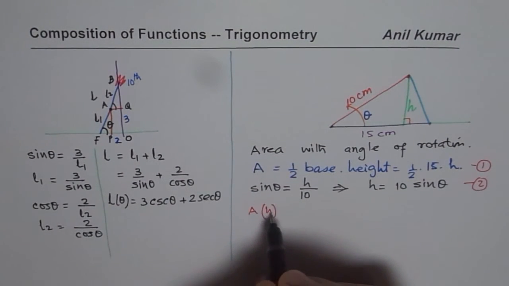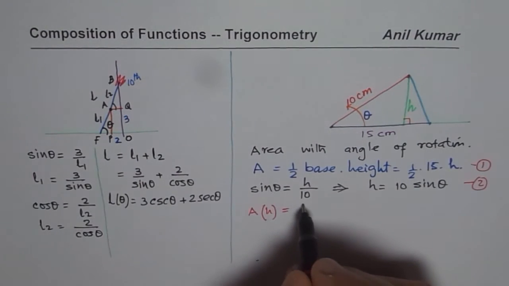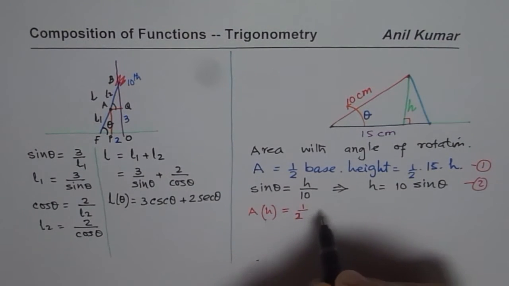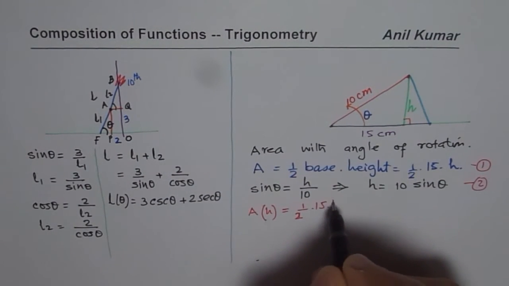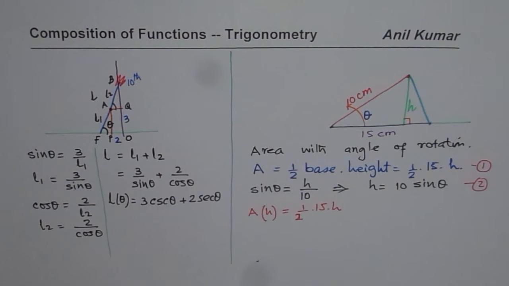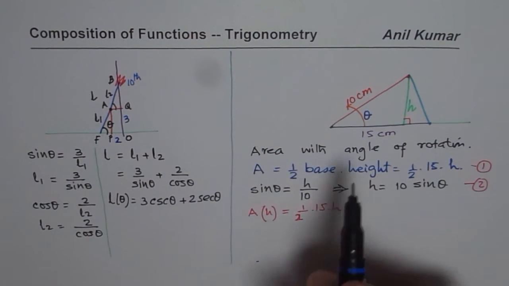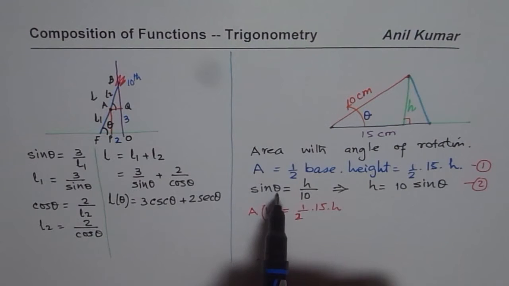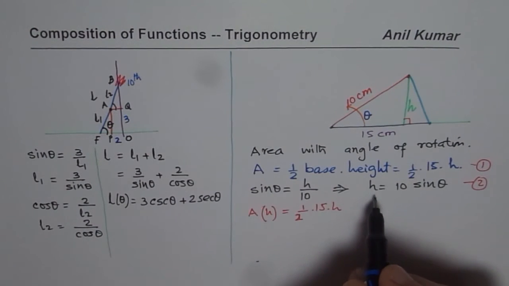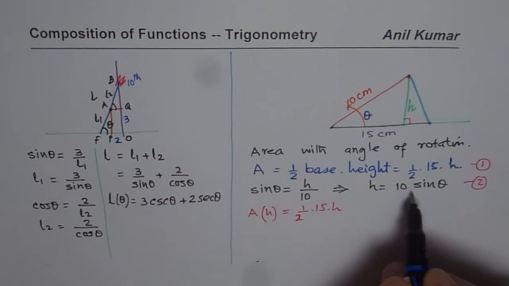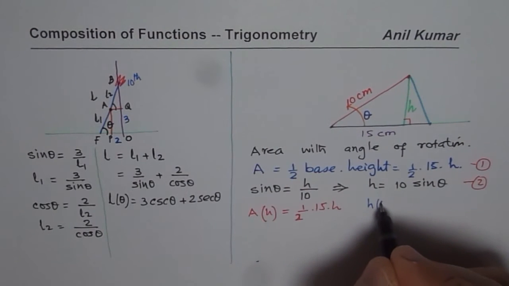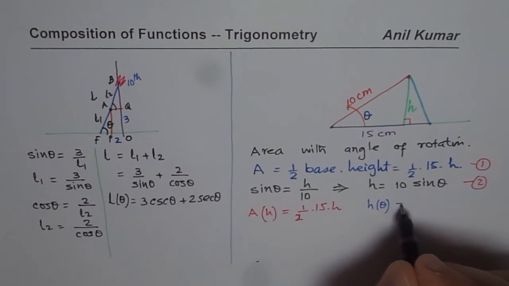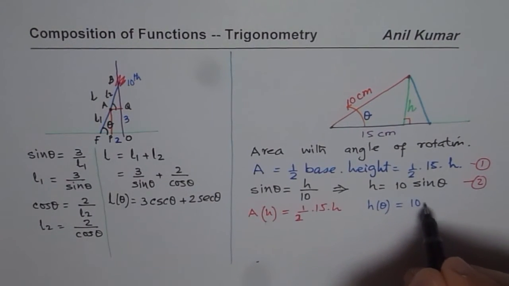As a function of height, it is half of 15 times height. And the other equation which we have here is relating theta, right? So that means we are relating height with theta. So height as a function of angle theta is equal to 10 sine theta.